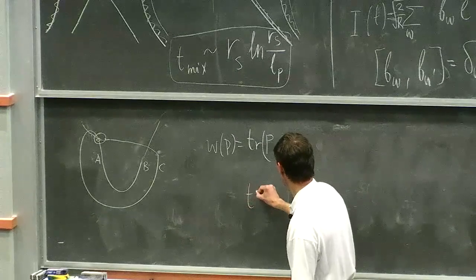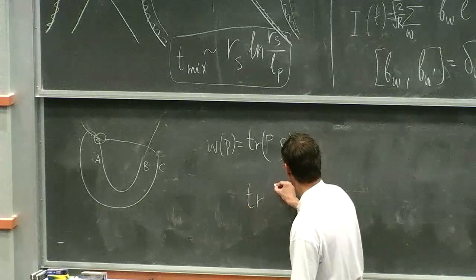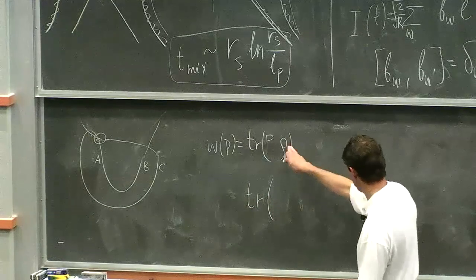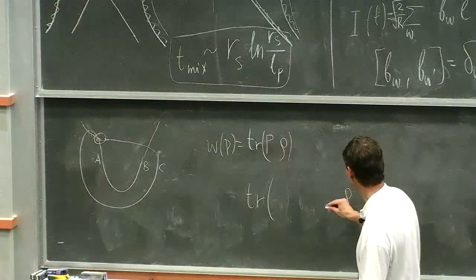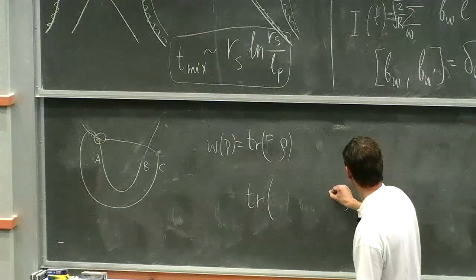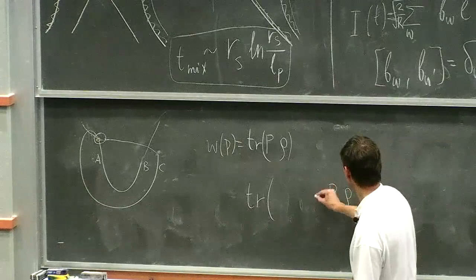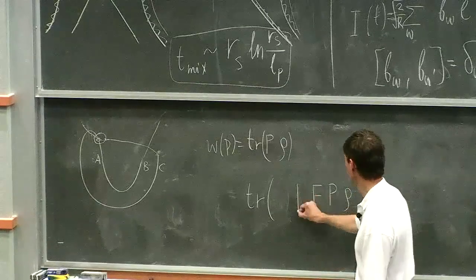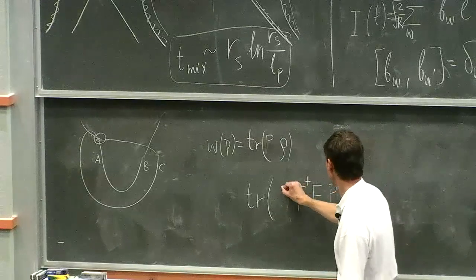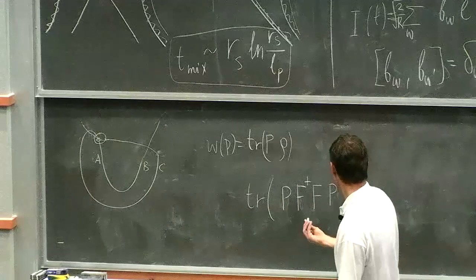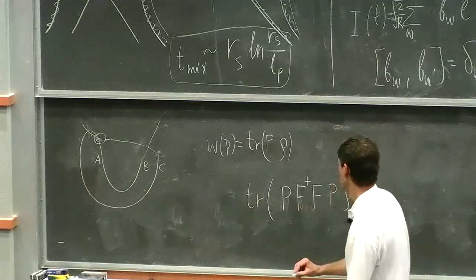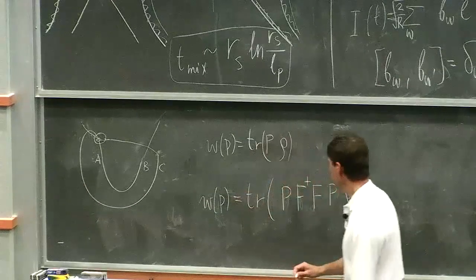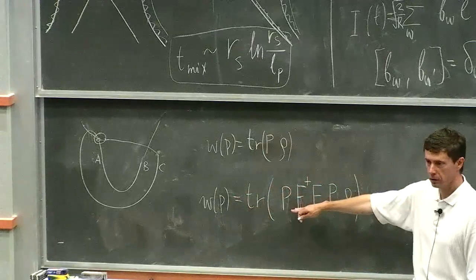We take the trace of, let me write from the right, first we apply the projection, then we apply the final state operator, then F dagger, another projection, and this is W of P. And this thing can be larger than 1.